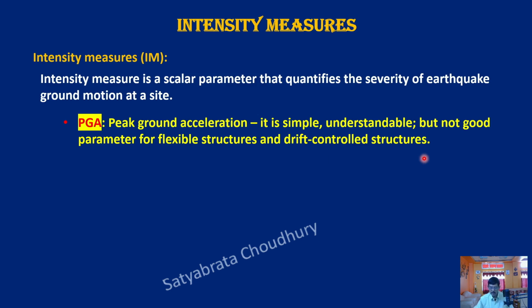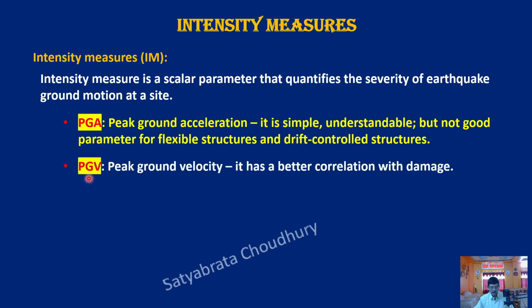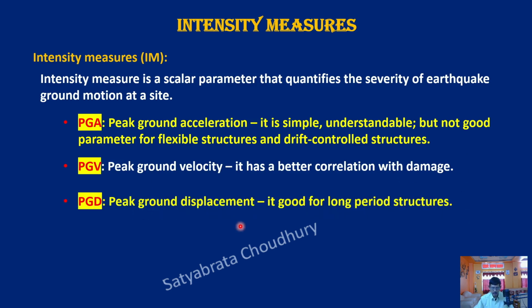Tall structures are flexible, so PGA as an intensity measure may not be suitable. Peak ground velocity has better correlation with damage. Peak ground displacement is good for long period structures. As we have seen, peak ground acceleration was not good for tall flexible structures, so peak ground displacement may be a good fit as an intensity measure for those structures.